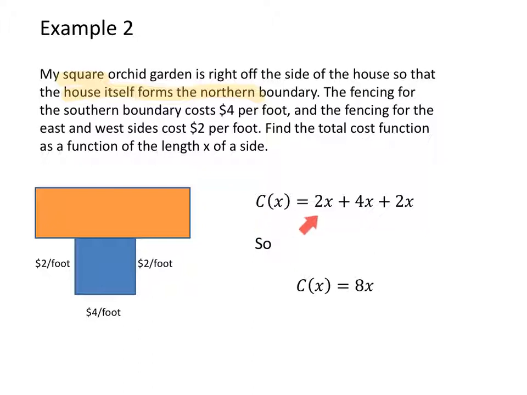So the cost function is: east costs 2x, south costs 4x, the west costs 2x. x is the same number of feet on each side, so 2 plus 4 plus 2 will give me 8x. The cost function is 8x. Depending on how many feet on the side of my square, I know exactly how much money I'm going to need in order to fence it.